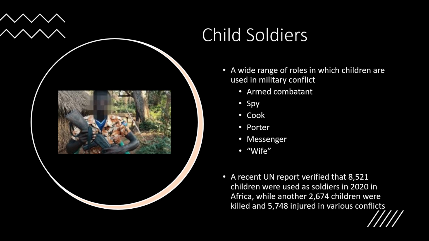So, child soldiers are used in armed combat, spying, ancillary duties such as cooking, cleaning, things like that, sending messages. A recent UN report verified that over 8,000 children were used as soldiers in 2020, and another 2,600 children were killed in conflict. So make sure you watch this video as well.